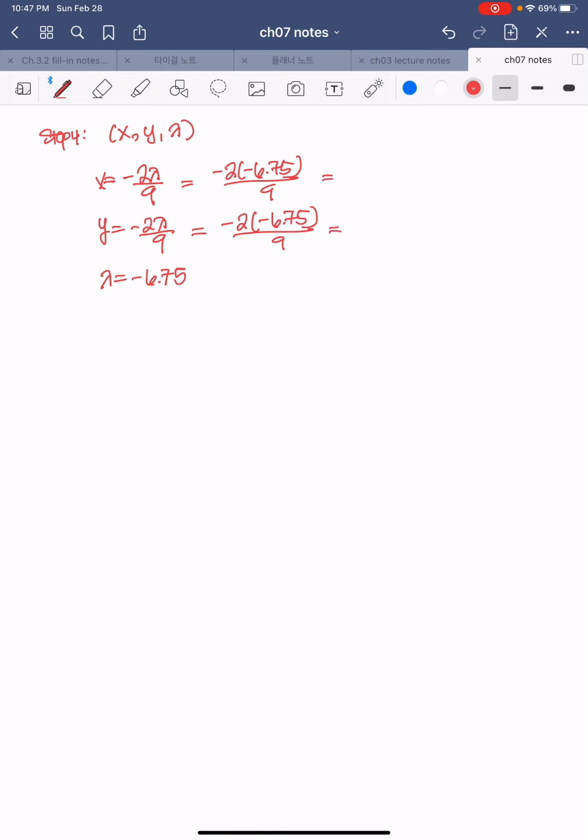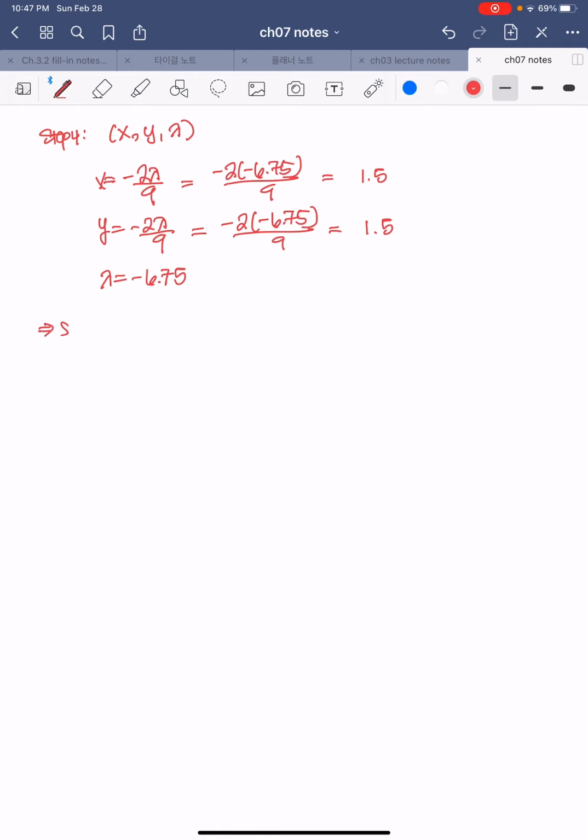So getting all this into a decimal value, 6.75 times 2 divided by 9. X coordinate, I get 1.5. So y is also 1.5, negative 6.75. Okay.